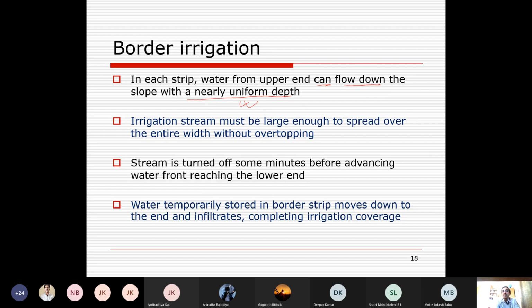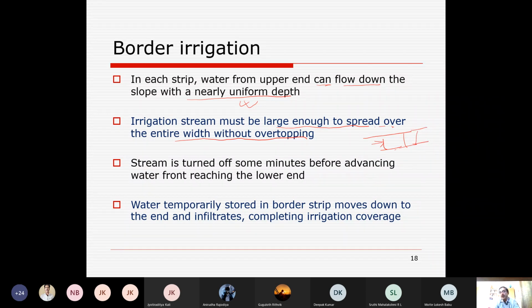An irrigation stream must be large enough to spread over the entire width without overlapping. It means it goes very fast and covers every part of the strip. The stream is turned off some minutes before the advancing waterfront reaches the lower end.